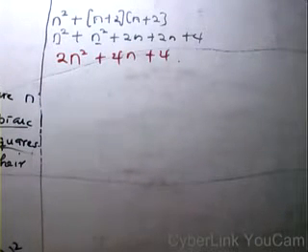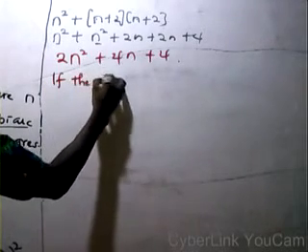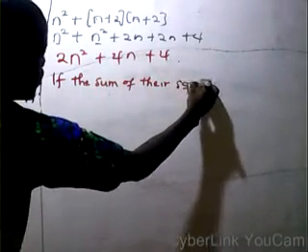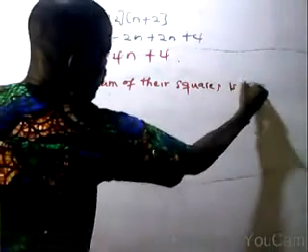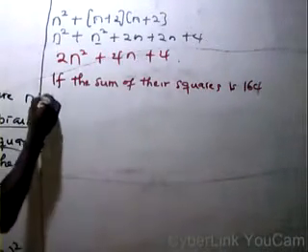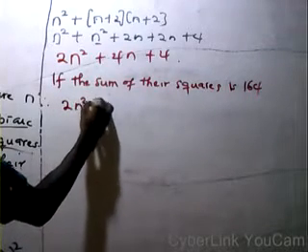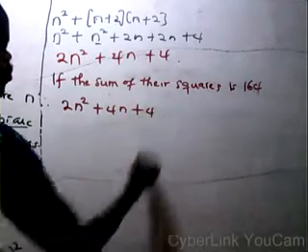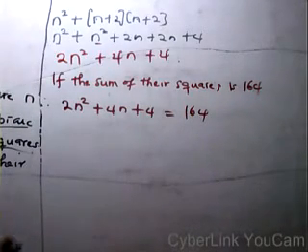Now the question says, if the sum of their squares is 164, as it is stated in the question, therefore we have 2n squared plus 4n plus 4 to be equal to 164.